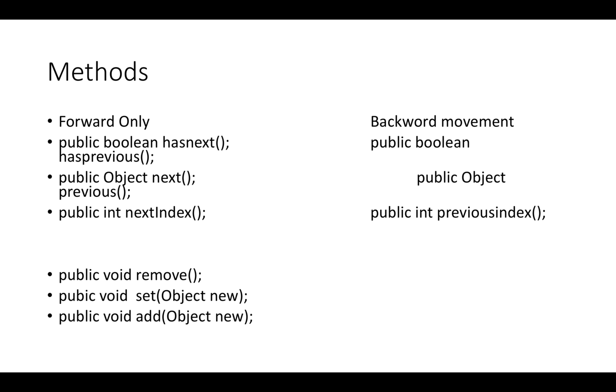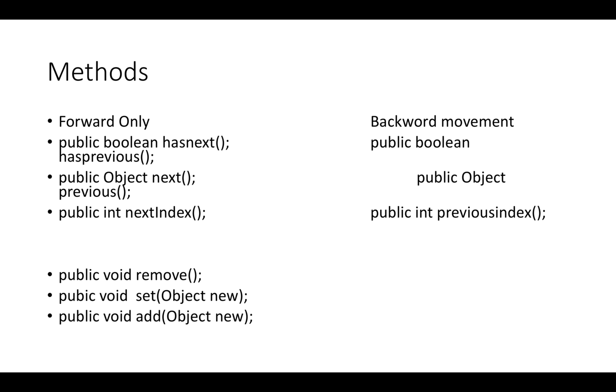If it has the element, then what is the element? The object is returned by next. If you want to find the next index, it provides the nextIndex method. If you want to go in the backward direction, it provides hasPrevious. To get the value, it's previous. And to get the index of the previous element, it provides previousIndex.